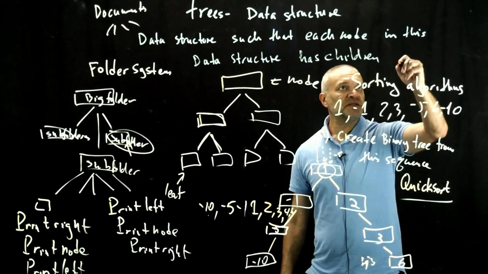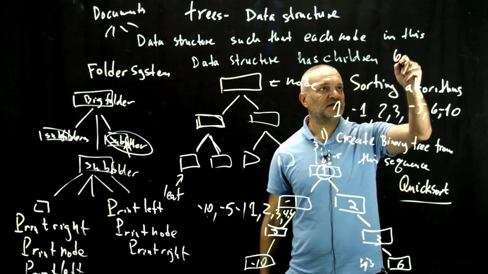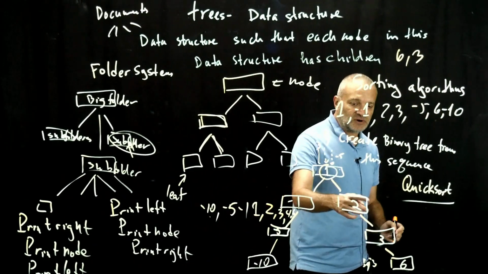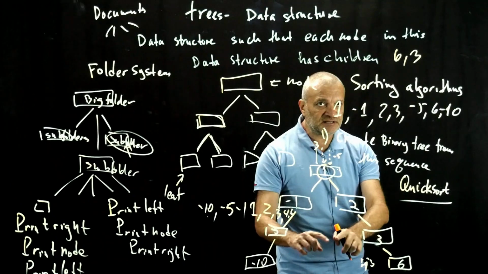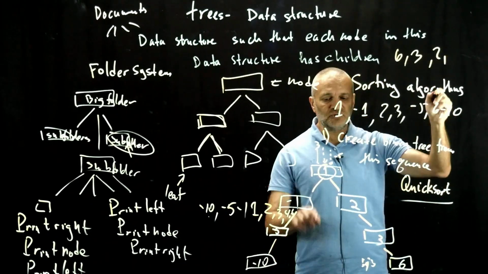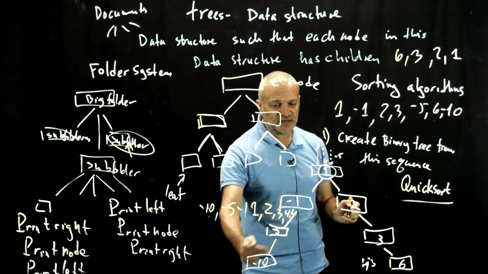So here, the first one you will print is going to be 6, then it is going to be 3, then it is going to be 2, because you always print right, then you print the node. There is nothing on the left, so you don't print it. Then you have 2, then you print the node, which is 1, and then you start going here, right?